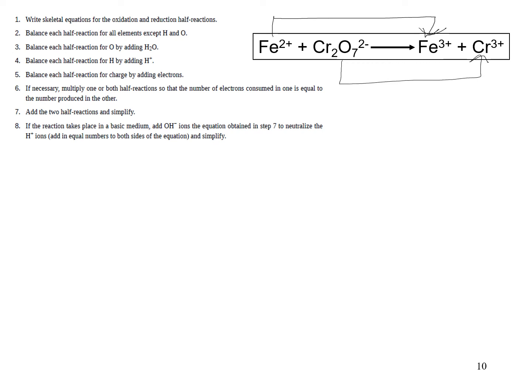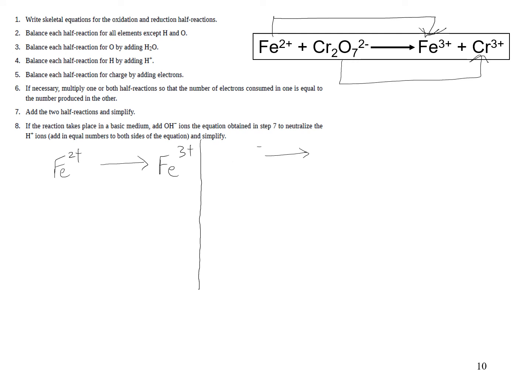I'll write one half right here, which is Fe2 plus is changing to Fe3 plus. Okay, and that's my one half. Now I'll write down my second half, which is Cr2O7 2 minus is changing to, I should have left some more space.